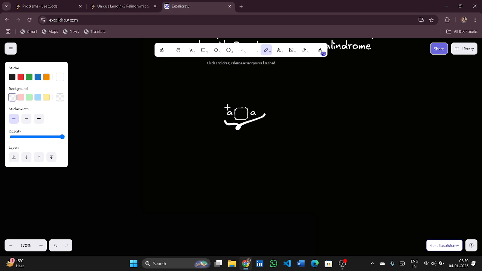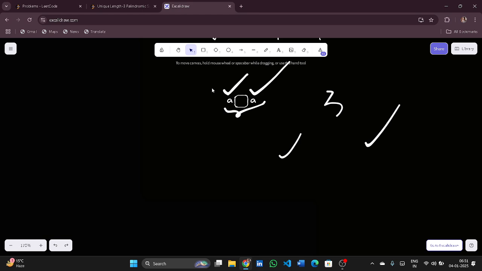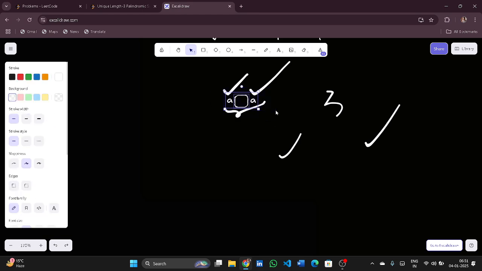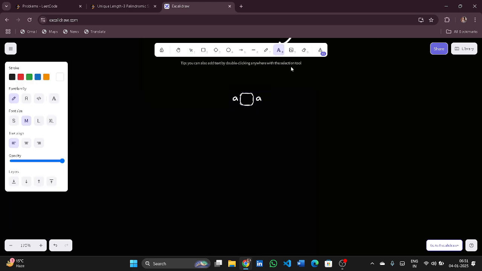Now to get a palindrome of length 3, the first character and the last character should be the same. Let me take the same thing. Now I can insert any character in the middle. It can be B, or C, or D, or anything.